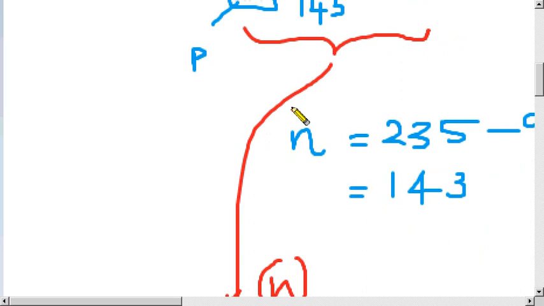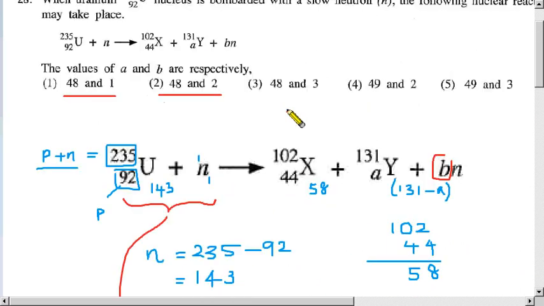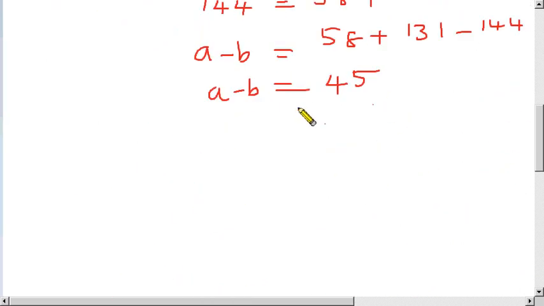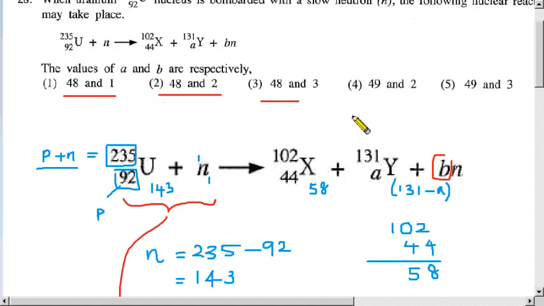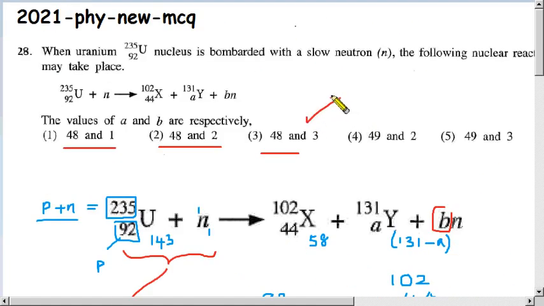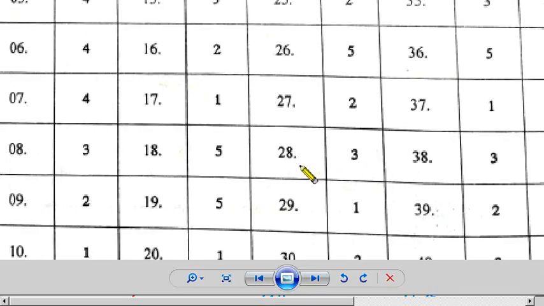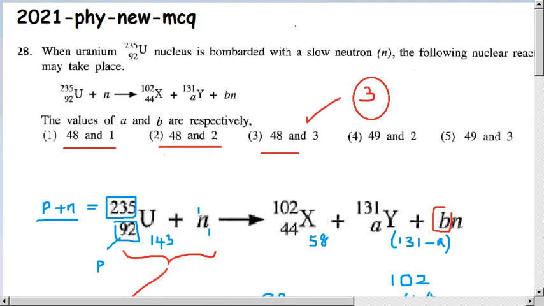So that is wrong. So let us try this one: 48 and 3. 48 minus 3 is 45. Correct. So this one is the answer. The third one is the answer.